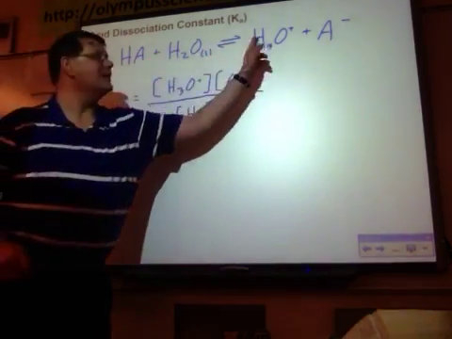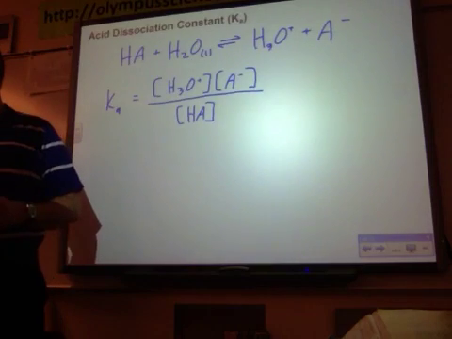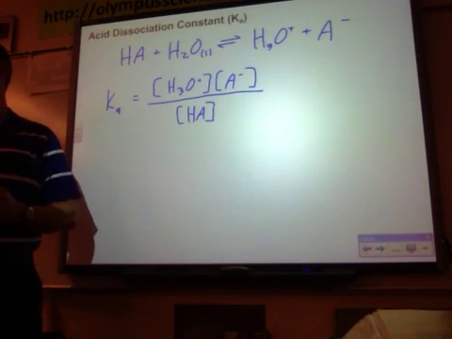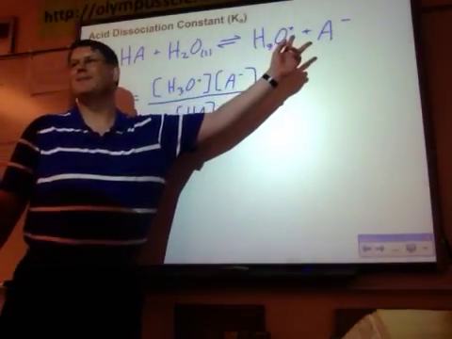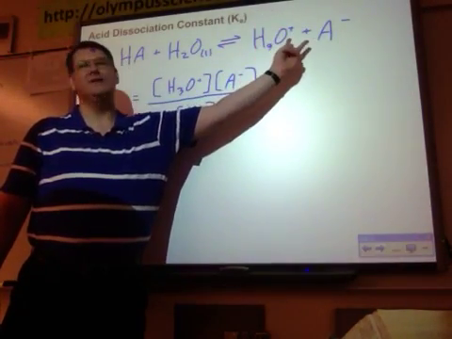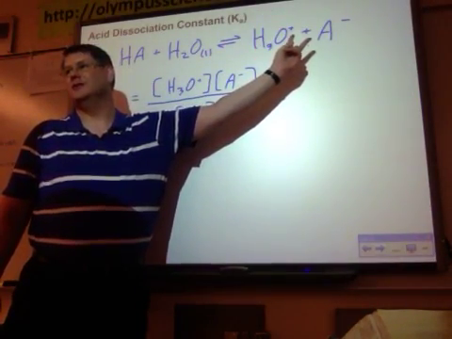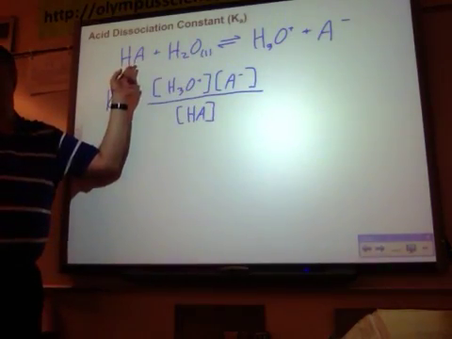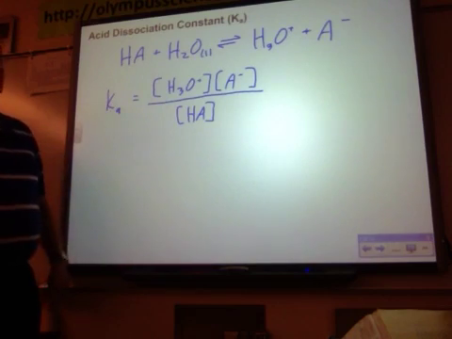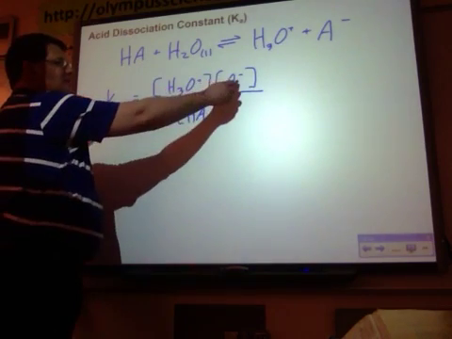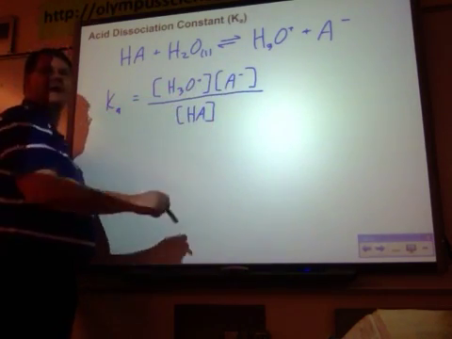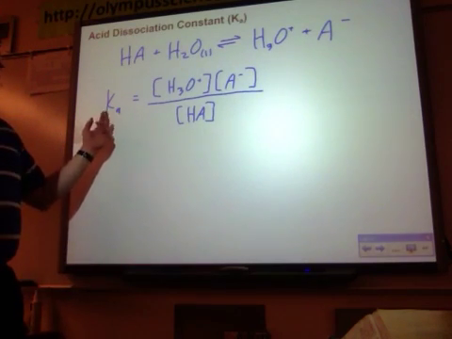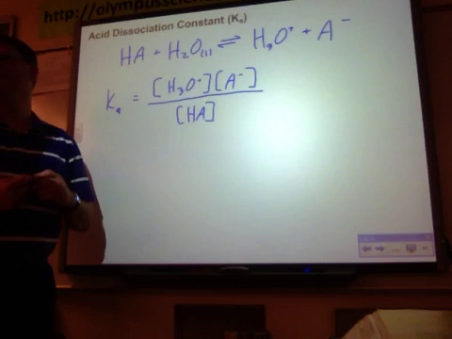These or these? The products, right? So, these values are going to be comparatively large. This value we don't care about. What about this value? Small. So if you have a comparatively large value times a comparatively large value divided by a comparatively small value, this is going to be a large value for strong acids.